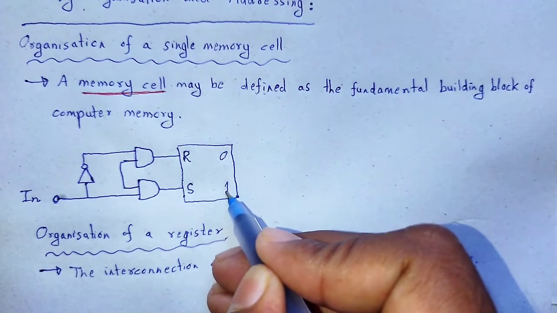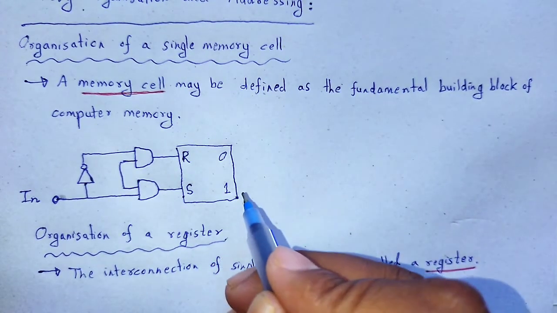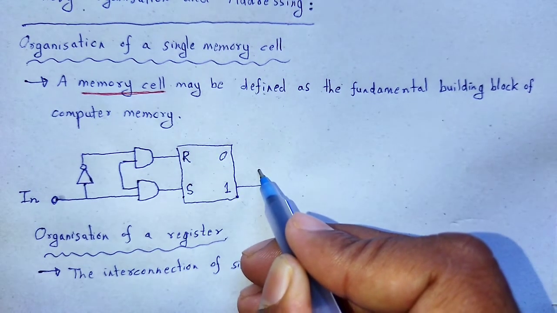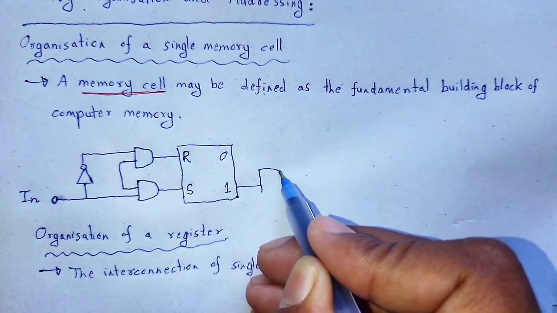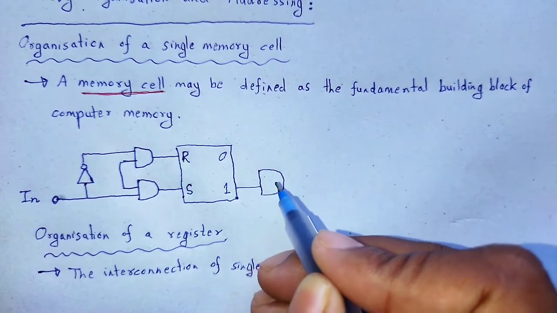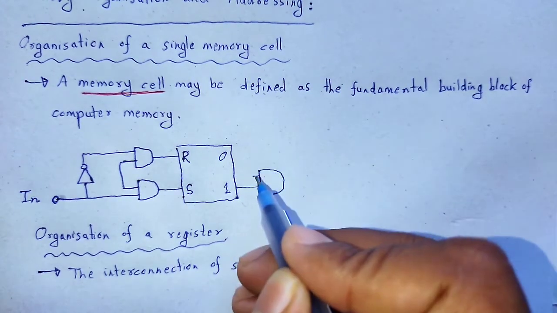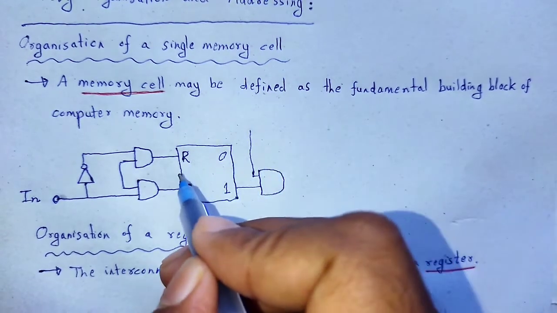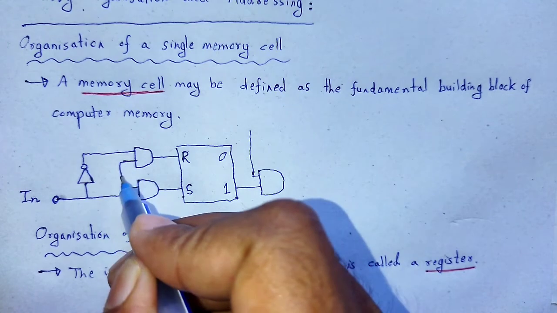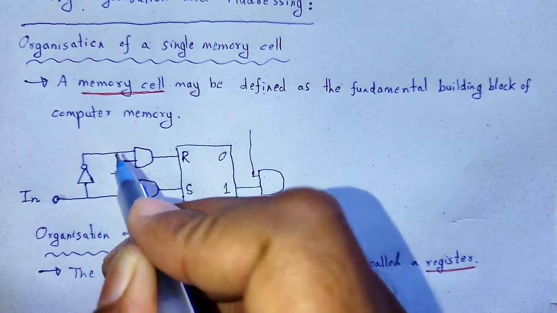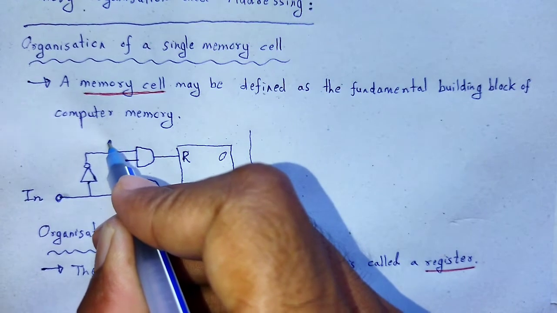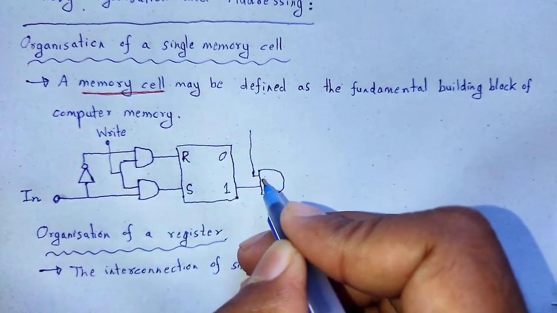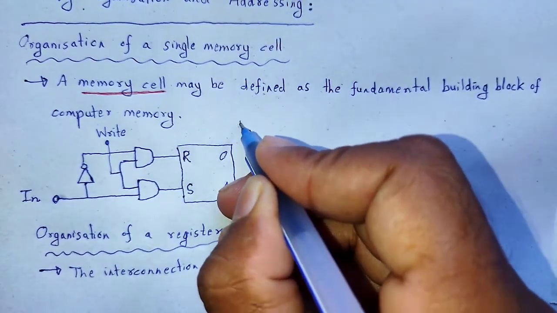For set it will be 1. That is input towards another AND gate, another line. Here the combination line of these two AND gates is used for write, and that line is used for read.